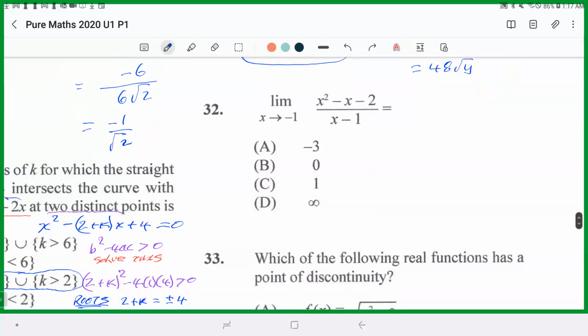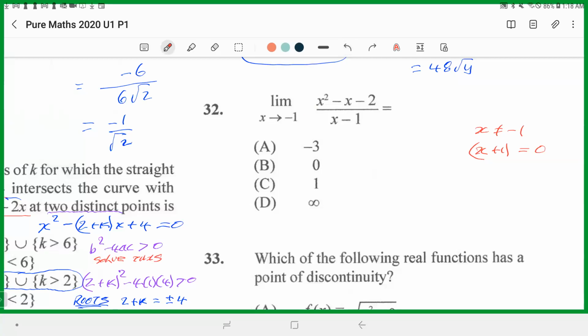The limit as x tends to -1 of this. What that means when we factorize for this is that x is not equal to -1. No matter what you say, x is not equal to -1, so x plus 1 is not equal to 0. And there's no x plus 1 up there to factorize. So we just plug in the -1.